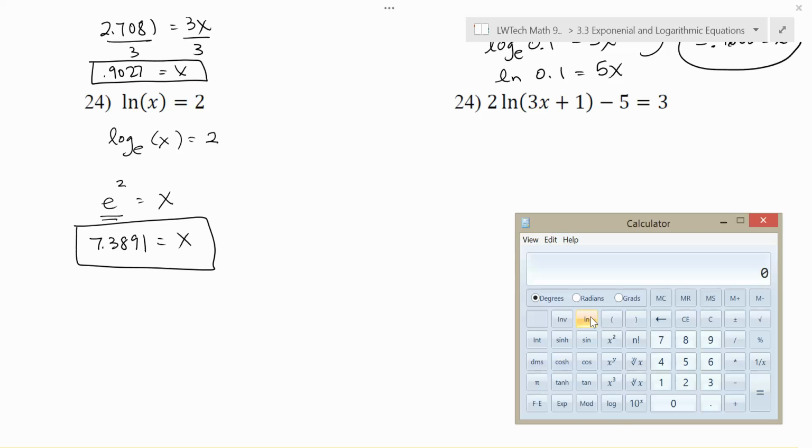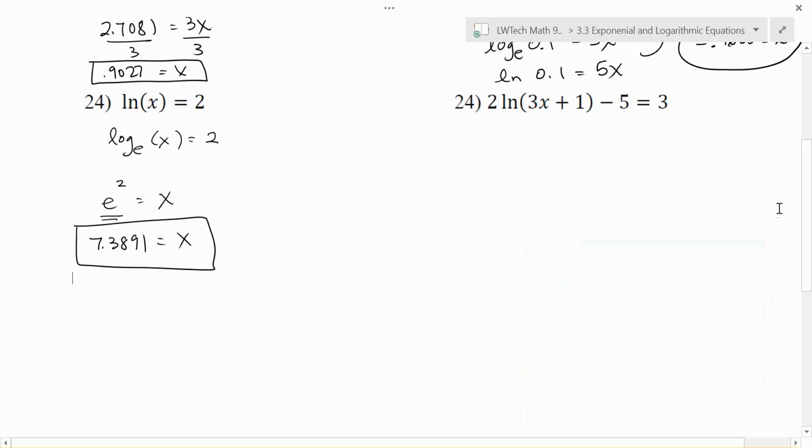So if we want to find e to the second power, you're going to put in the second power, and then you're going to hit inverse, and then notice that the ln button changed to e to the x. So we want to then, you can hit equals, and there's my 7.3891. So inverse ln will pull up that e to the x, but with the scientific calculators, you often need to hit the power first and then do that button. So play around with your calculator until you get this value when you're trying to evaluate those particular functions.